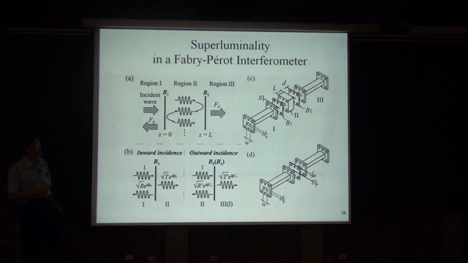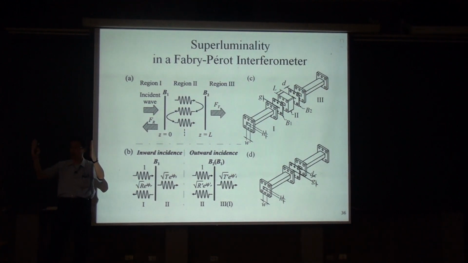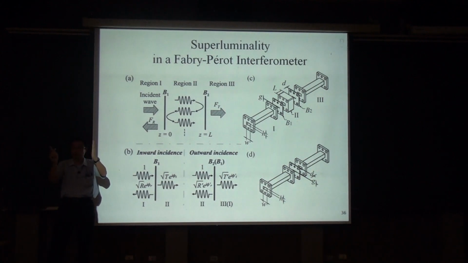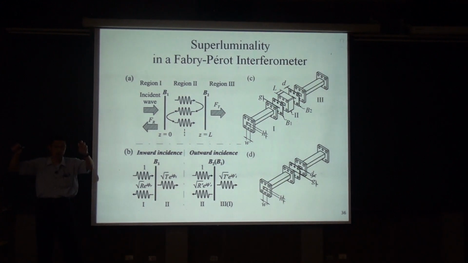This structure looks like a fabric pillow structure. Two mirrors, and the wave can be partially transmitted and partially reflected, mostly reflected, and the wave will bounce back and forth inside. Our job is to control the phase here and the phase here. Two phases, this phase and this phase, while the wave is propagating inside.